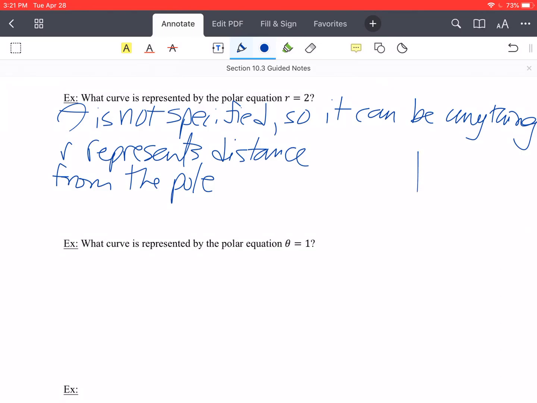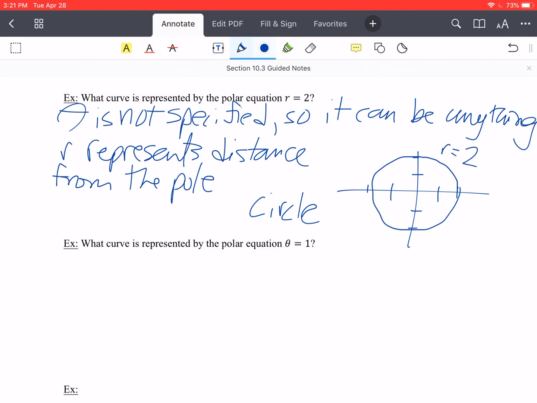Okay, so what does this give us? Well, we know that the angle goes all the way around, 0 to 2 pi, and the r value is the same no matter what. It's always a radius of 2. So this gives us a circle of radius 2. So this is the curve r equals 2.